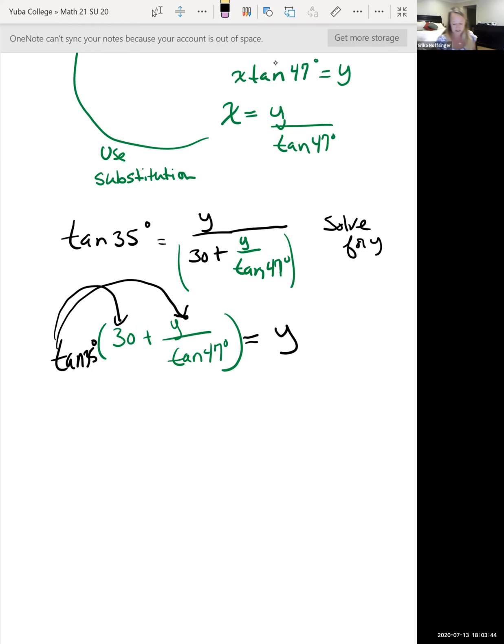If we distribute, we get 30 tangent of 35 degrees plus Y times tangent of 35 degrees, all over tangent of 47 degrees, equals Y.